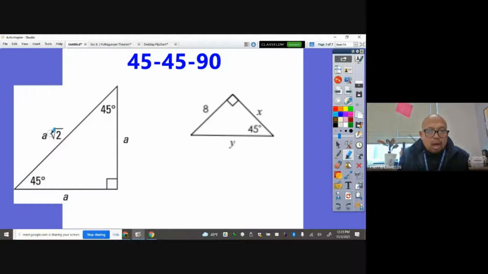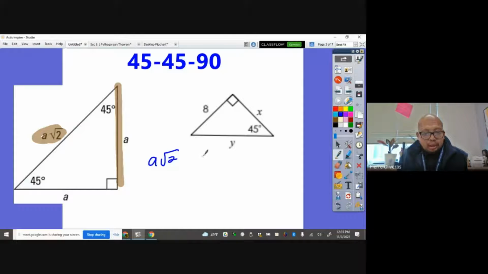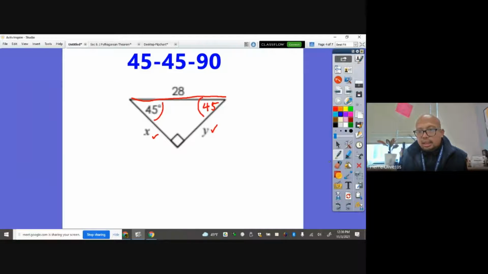How can you get an A from A square root of 2? If you are given 8 square root of 2, how can you get an A? How can you isolate the A here? We simply divide it by square root of 2. So if you're given a hypotenuse, divided by square root of 2, that will give you the leg of a 45-45-90. So let's apply it here.